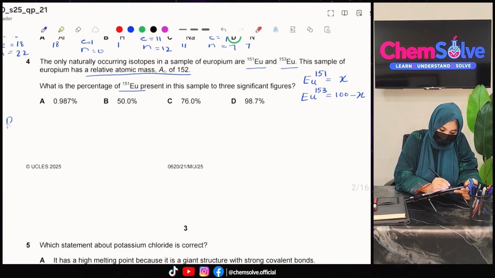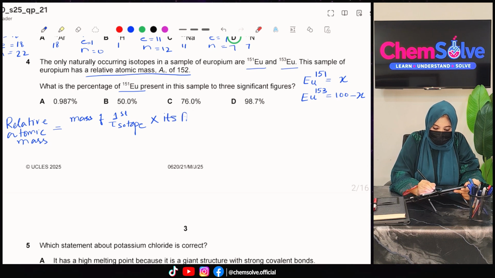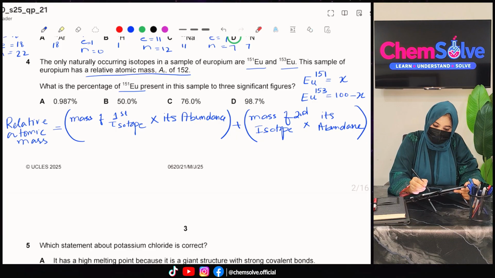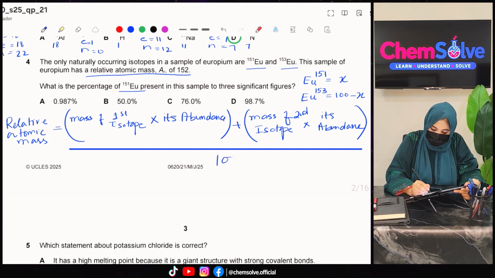The formula says relative atomic mass is equal to the mass of the first isotope multiplied by its abundance, plus the mass of the second isotope multiplied by its abundance, all divided by 100.